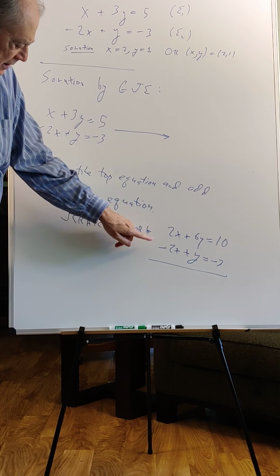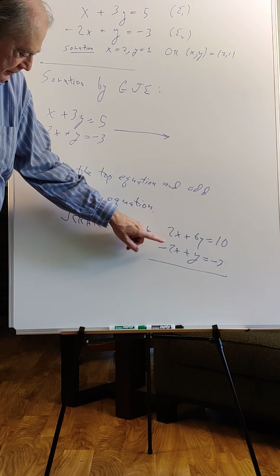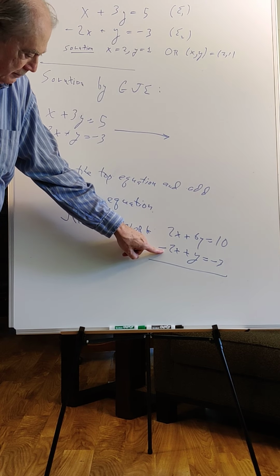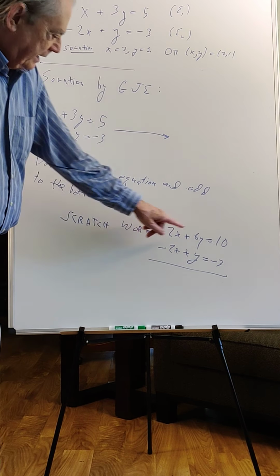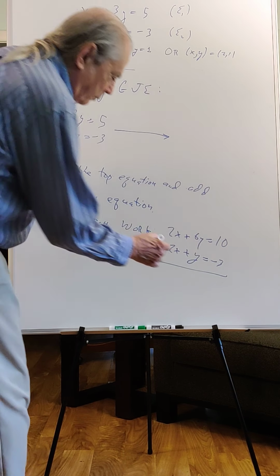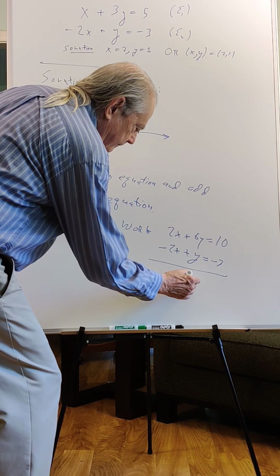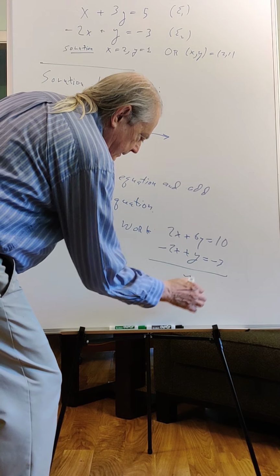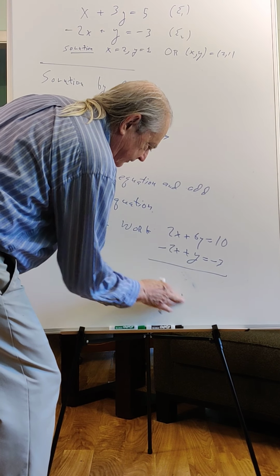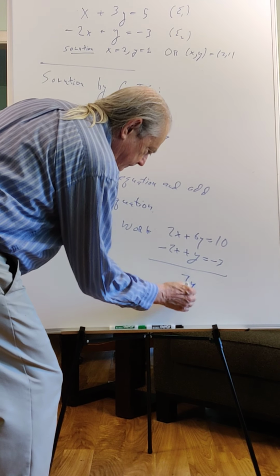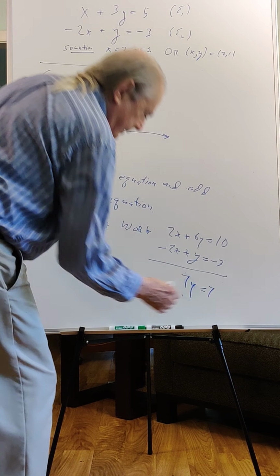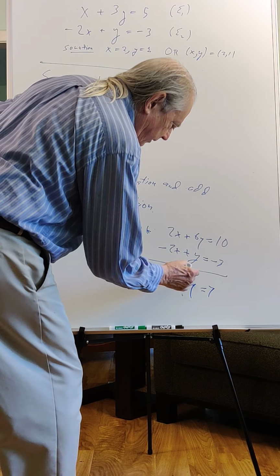Okay, so when we add these together, this term cancels this one. 2x minus 2x is 0. And 6y plus y is 7y. 10 minus 3 is 7. Now this is the new bottom equation right here.